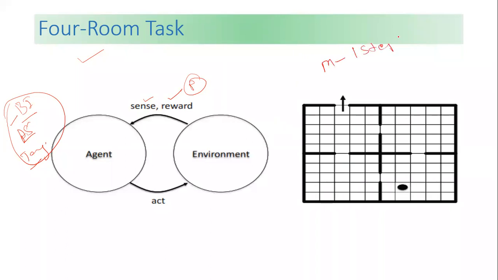What will that step be? 1 step means the agent can move this side, right, left, top, or down. These are the possible ways the agent can move. We are assuming that. So that is the state now. Right now, how many directions can this agent move? It can move 1 step ahead this side, 1 step ahead this side, 1 step ahead this side, and 1 step ahead this side. That is clear.